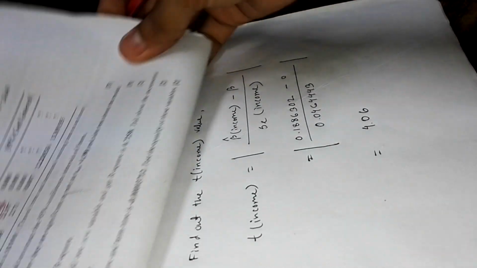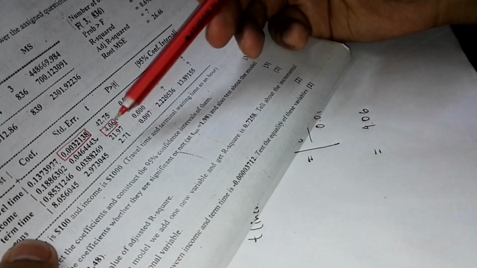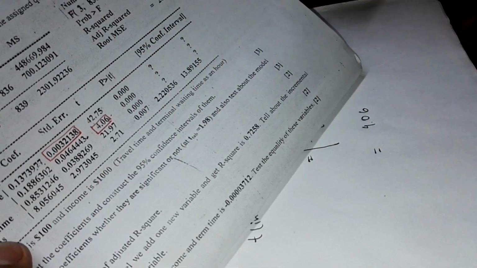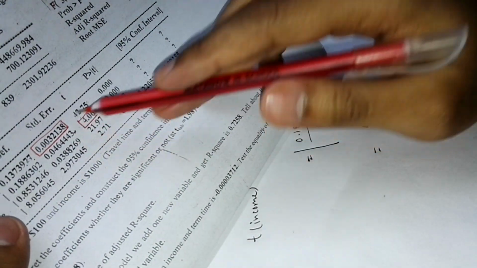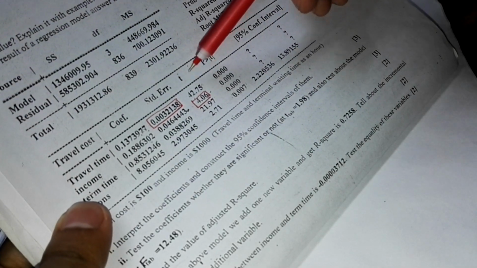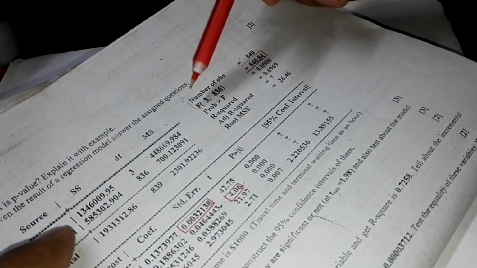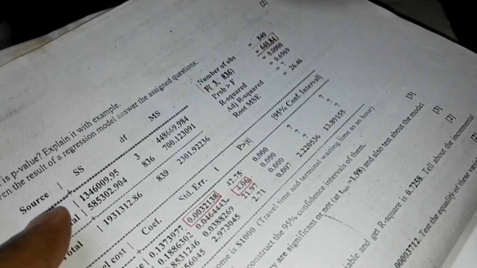The value is 4.06. So our given t value is also 4.06. So this is how you find the value of a standard error and t, if these values are not given in the table, and of course the value of beta.